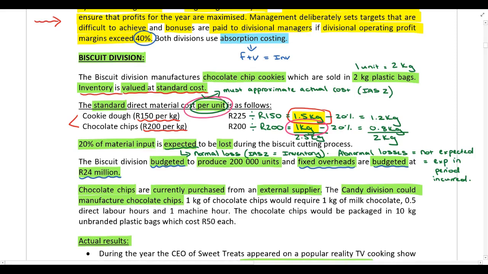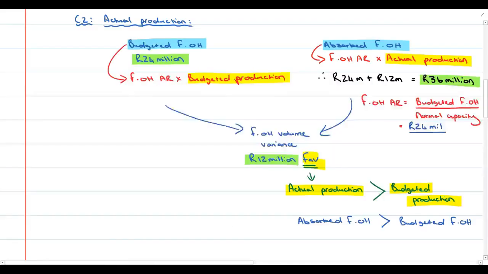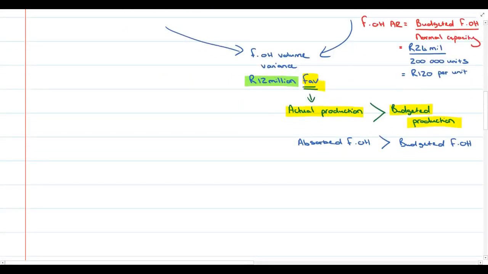So that's what we are going to use in our calculation. So that gives us a fixed overhead allocation rate of 120 Rand per unit. Now we have all of the information necessary to work backwards and calculate actual production.